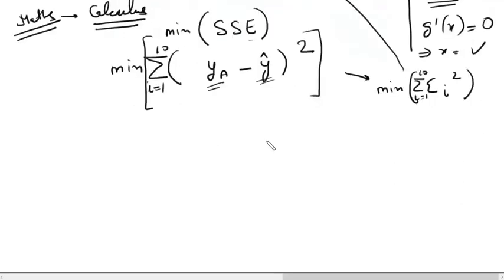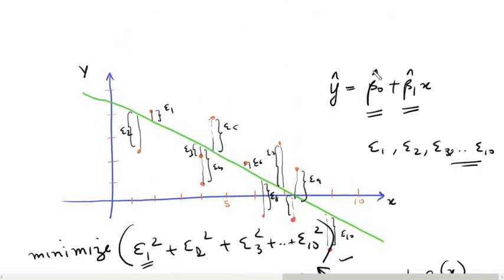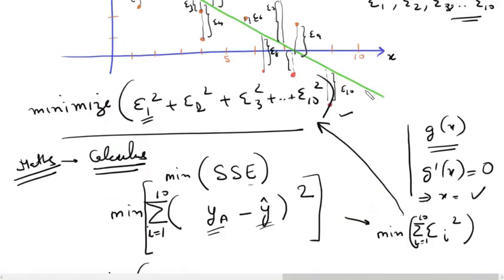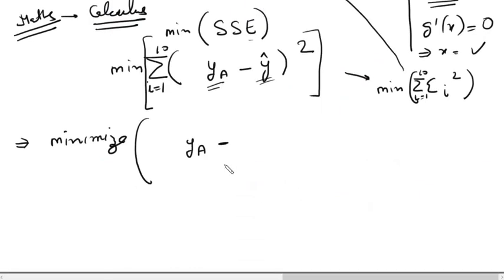Now let us evaluate this. Let us break this down into smaller pieces. So I will write minimize, once again actual minus. Now instead of writing predicted y hat, let me use this equation. We know that the predicted value is equal to beta naught hat plus beta 1 hat x.